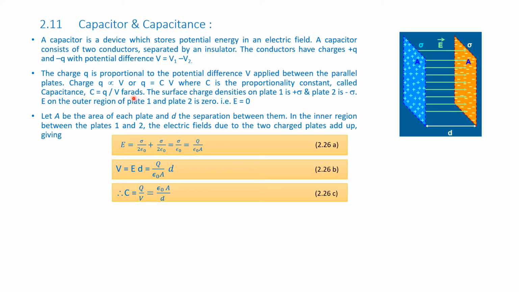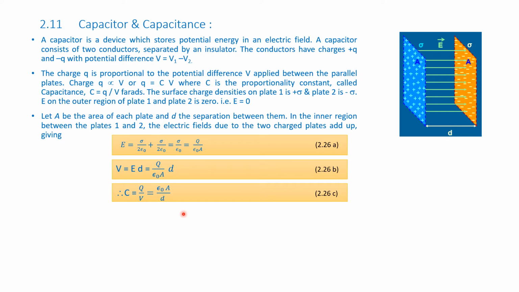Substituting the values of V and Q, C is equal to Q by V, which is epsilon naught A by D. This is equation number 2.26C.